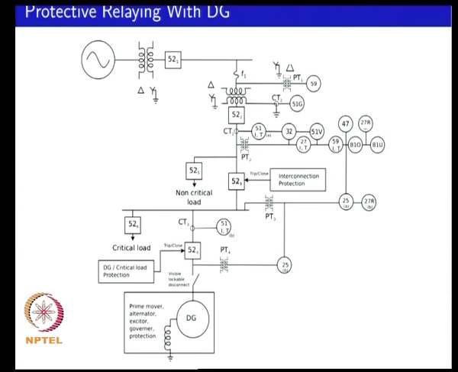Okay. The other thing to keep in mind is that scaling this functionality at a power level of tens of kilowatts or hundreds of kilowatts might be okay, because you need to add the protective devices for interconnection, the sensors, etc. And in terms of cost at the hundreds of kilowatt power level, it may not be a significant addition to the DG cost.